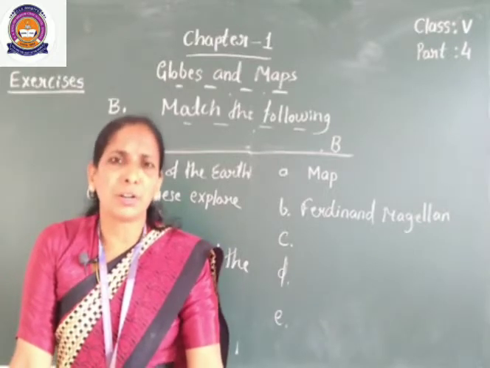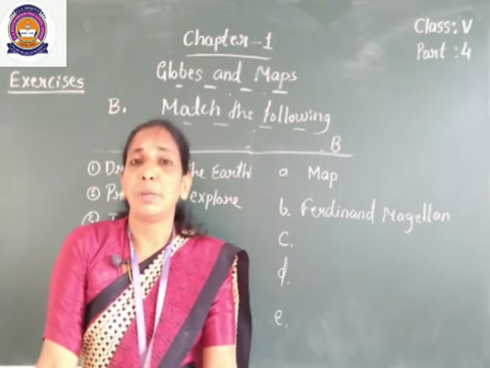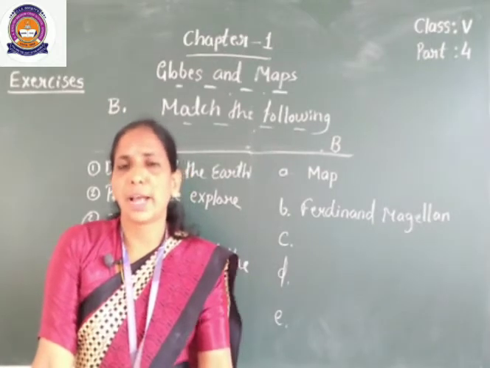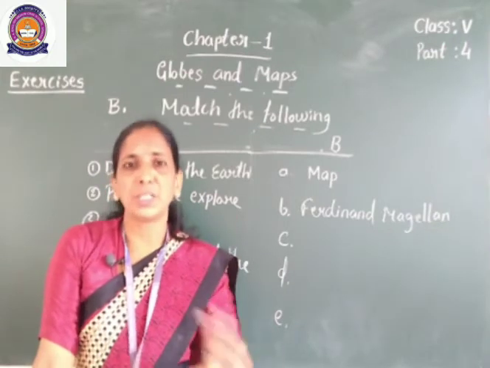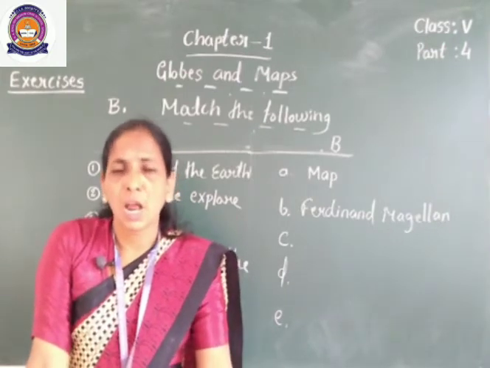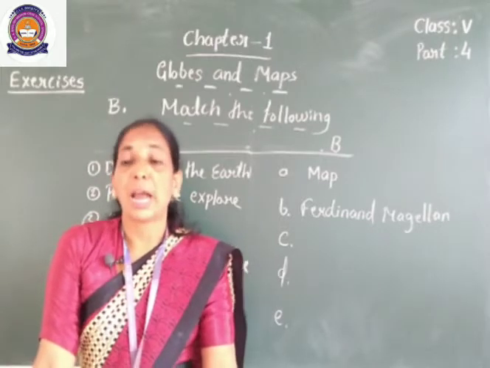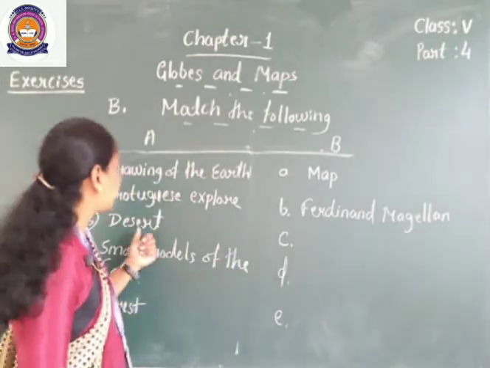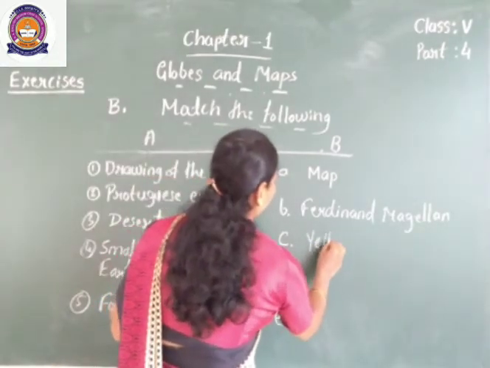Green denotes grasslands and plains. Brown denotes mountains. And yellow denotes desert. The answer here is yellow.